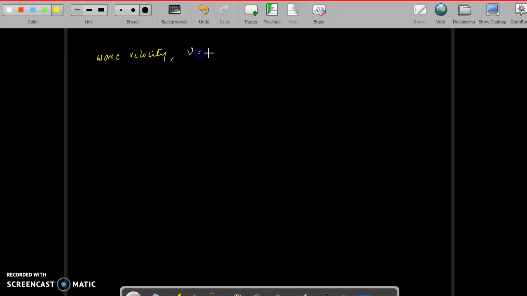This can be expressed as 1 by square root of mu and epsilon. The same way as before, we bring in the expression of mu as mu naught mu r, and epsilon naught epsilon r.